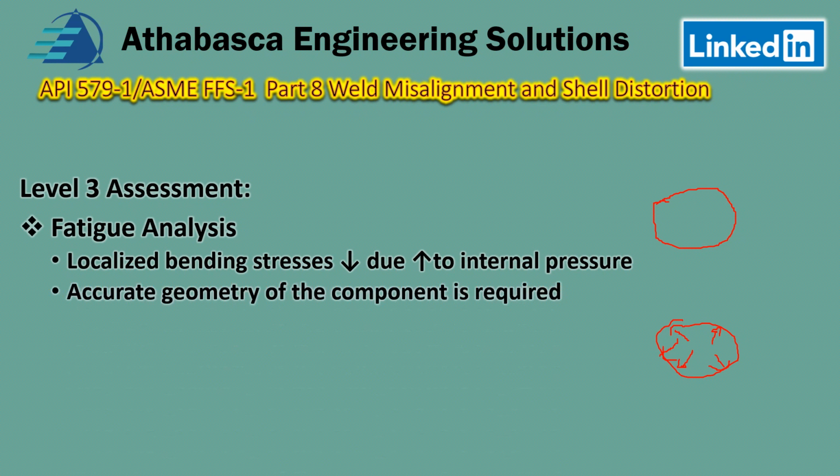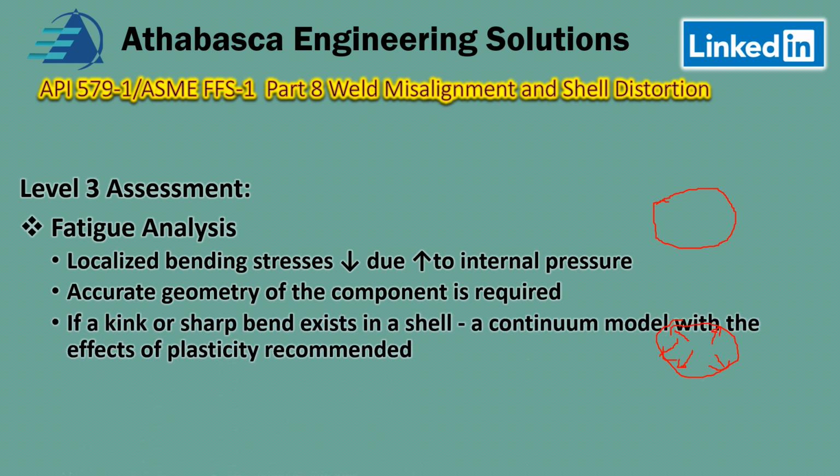Also, accurate geometry of the component is required, so you have to do a very accurate dimensional assessment in order to produce accurate results. If a kink or a sharp bend exists in a shell, then they recommend a continuum model with the effects of plasticity, so you have to know quite a lot about the characteristics of the material you're using.